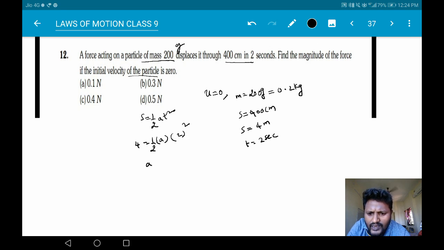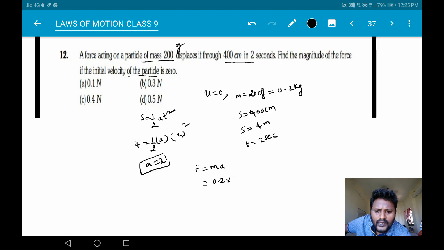So 4 equals 2a, so acceleration is 2. Therefore F equals m a. The m value is 0.2 into 2, so 0.4 Newton.